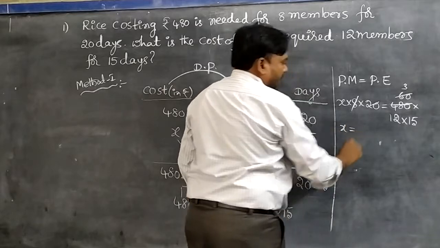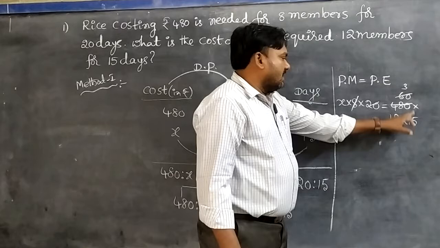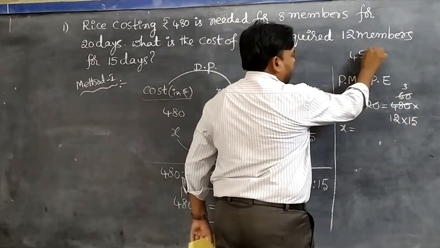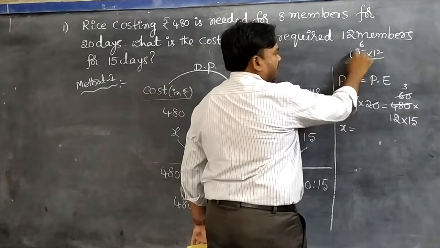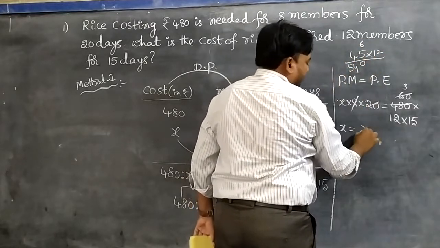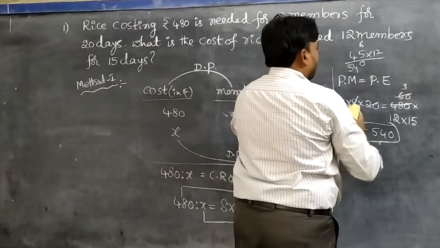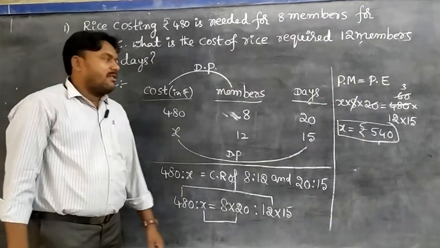Remaining x equal to 15 into 12 into 3. So 15 threes are 45, 45 into 12. 12 fives are 60, 12 fours are 48 plus 6, 540. So finally 540 rupees. So required cost of rice equal to 540 rupees.